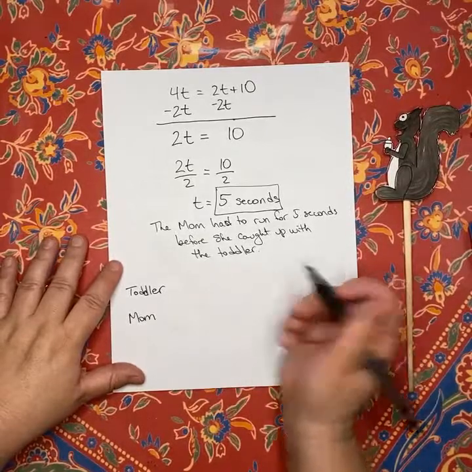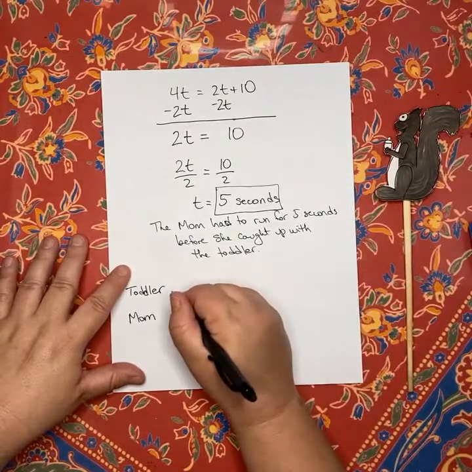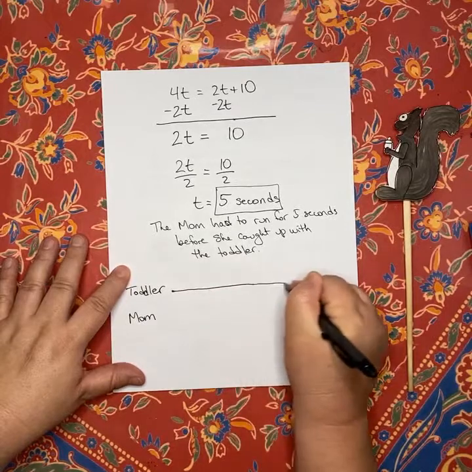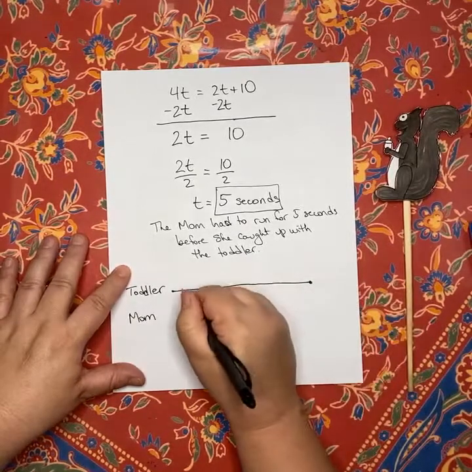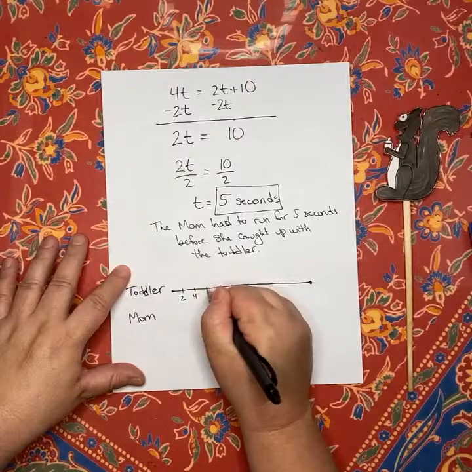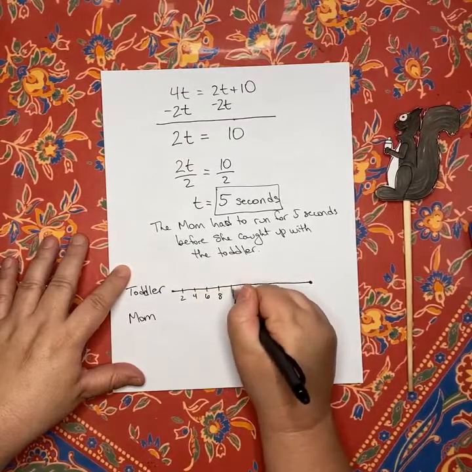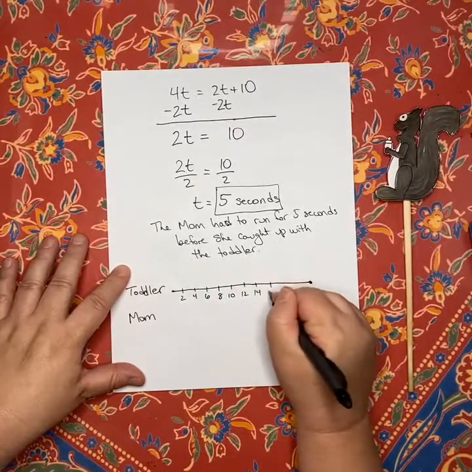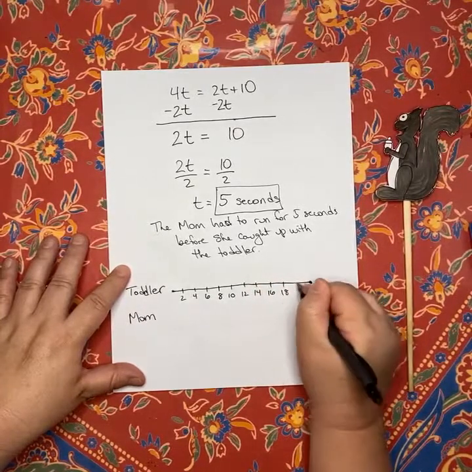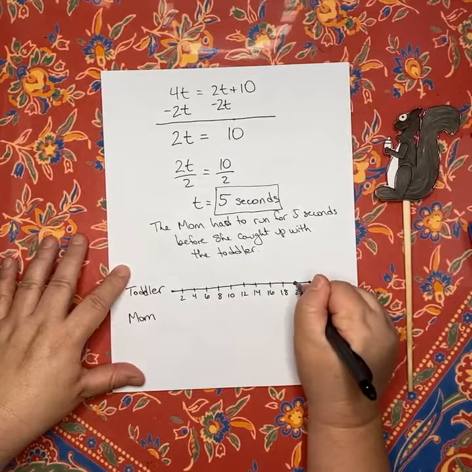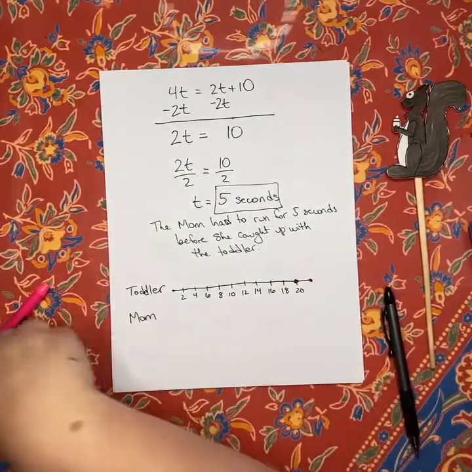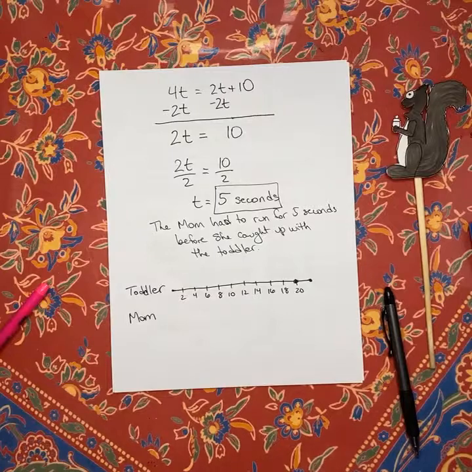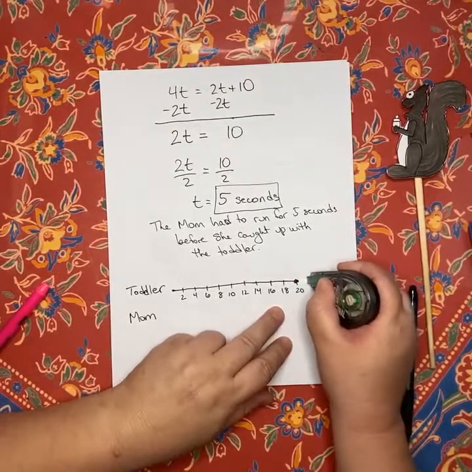So the toddler, 2, 4, 6, 8, 10, 12, 14, 16, 18, 20. I lied. The little circle goes there. And I will make that look pretty.